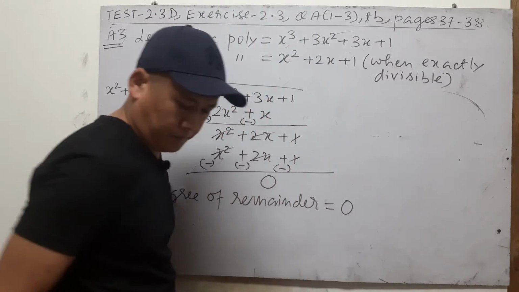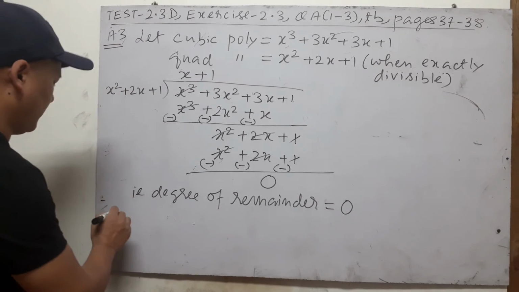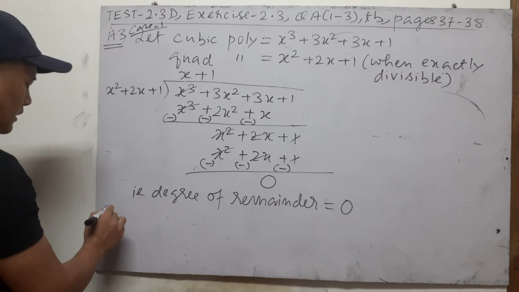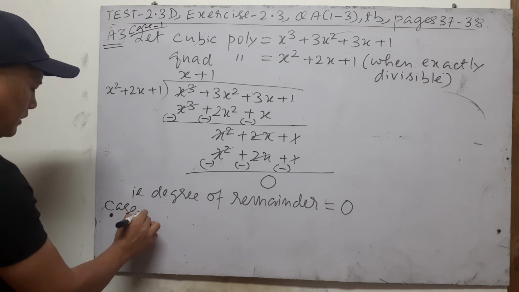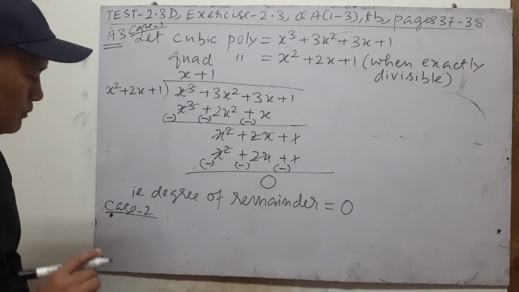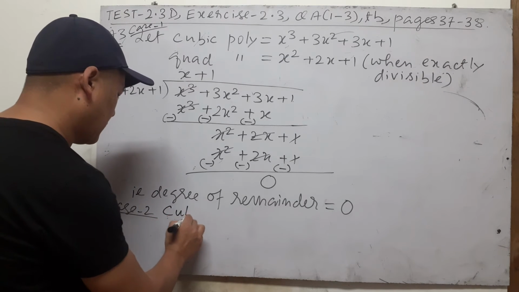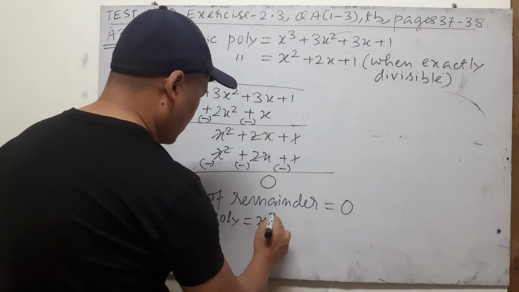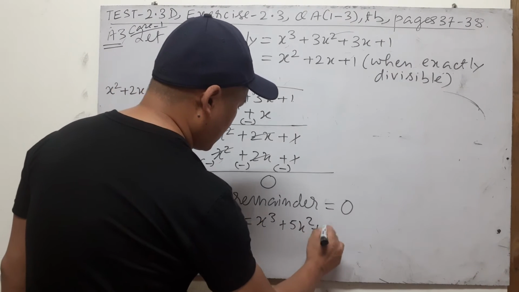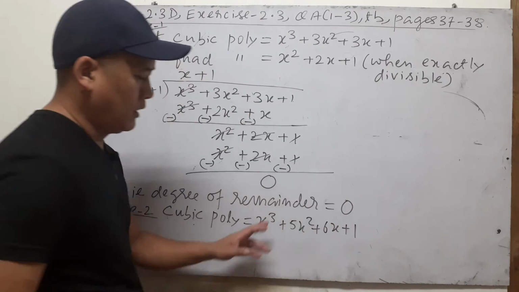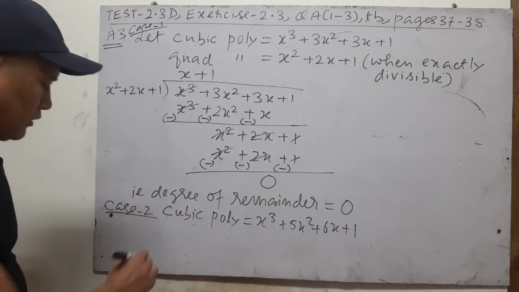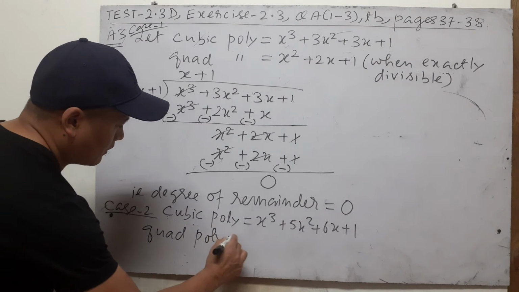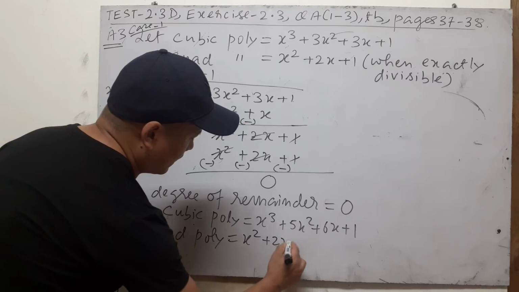Next case is not exactly divisible, so you can put here case 1, and case 2. Case 2 is when they are not exactly divisible. So let us take a cubic polynomial, x cubed plus 5x squared plus 6x plus 1, to be divided by a quadratic polynomial, x squared plus 2x plus 1.